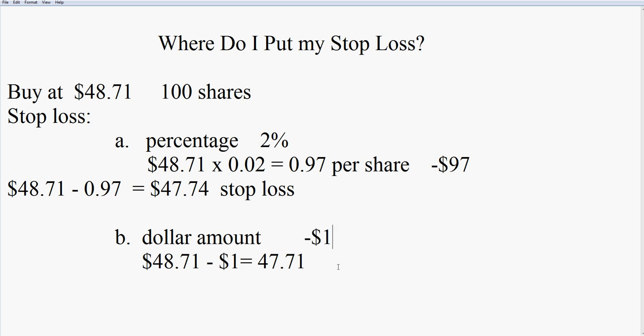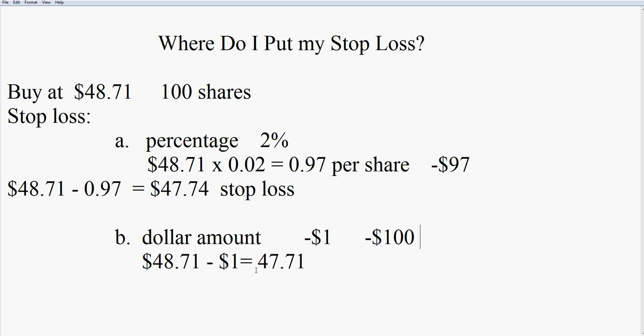Okay, so this is the one way that I showed you, the percentage. Now we go back. This is the percentage. Now you can select what we call the dollar amount. What is the dollar amount? You say to yourself, if I lose $1 from the price, I will sell, I will not stay.